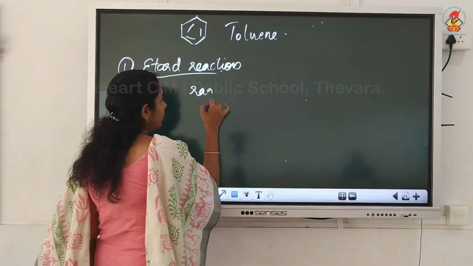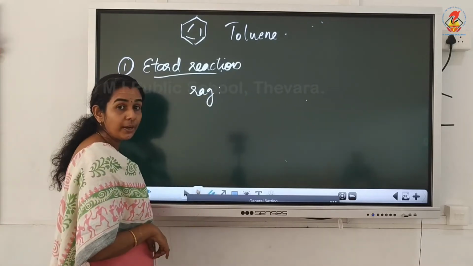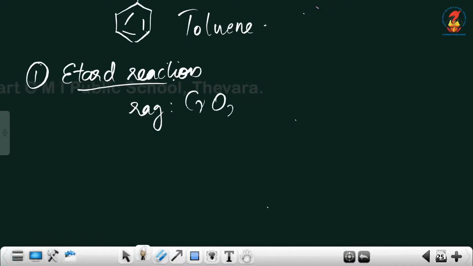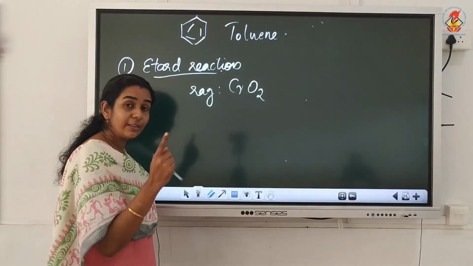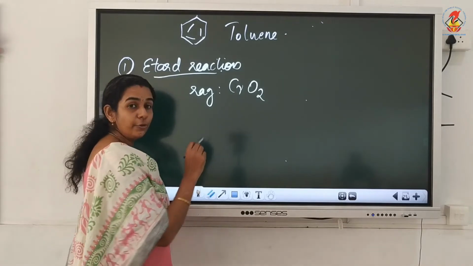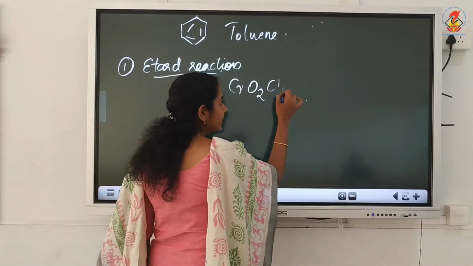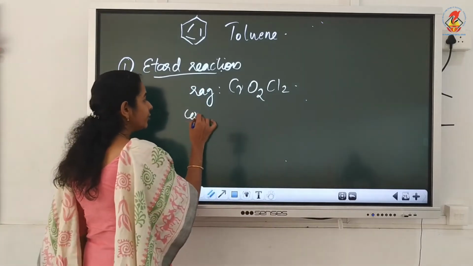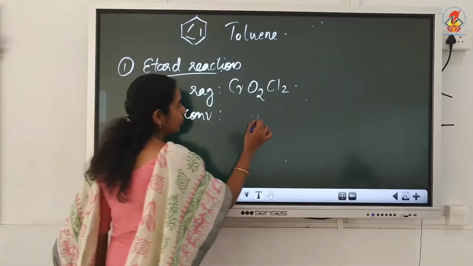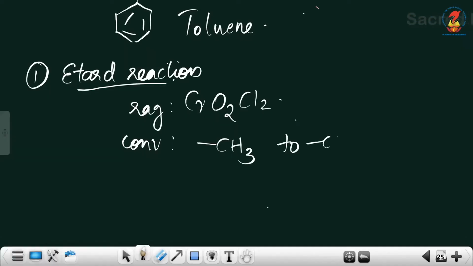Here the reagent is chromyl chloride, which you are studying for the first time, so first study the formula. The chromyl chloride formula is CrO2Cl2. And the conversion taking place is that of a methyl group, CH3, to CHO.